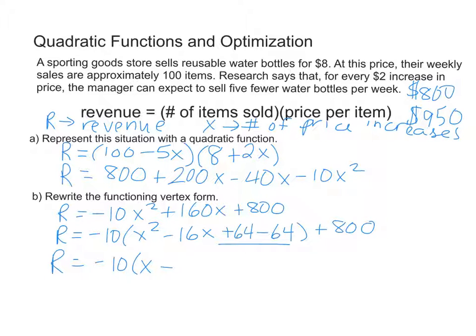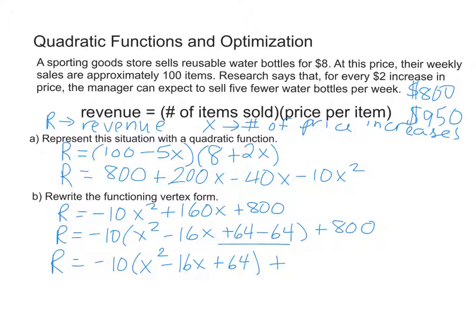This becomes x minus 8 squared. Oh, I kind of skipped a step. Maybe I shouldn't do that yet. You're not ready. x squared minus 16x plus 64. I'll leave that inside. And then I want to take that negative 64 out. I have to multiply it by the negative 10.